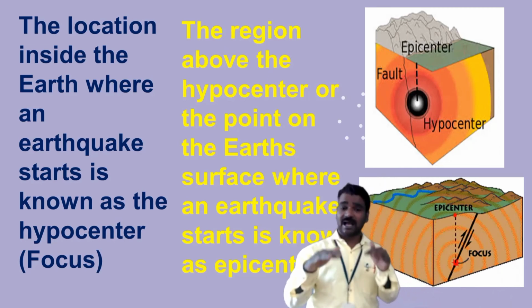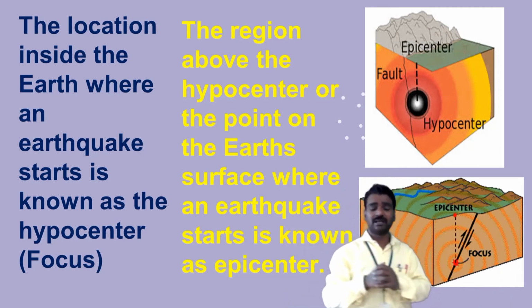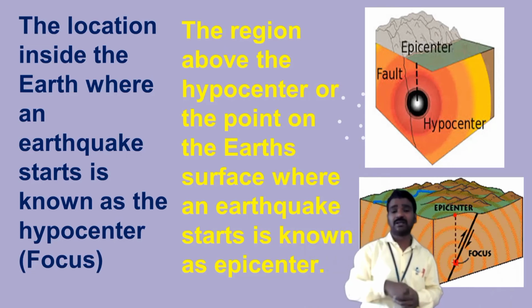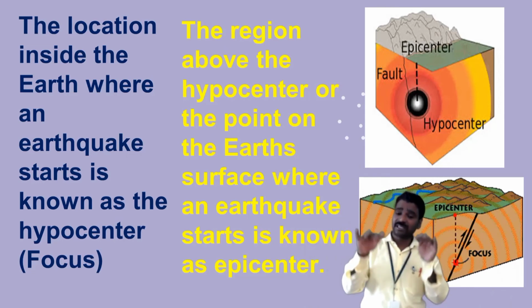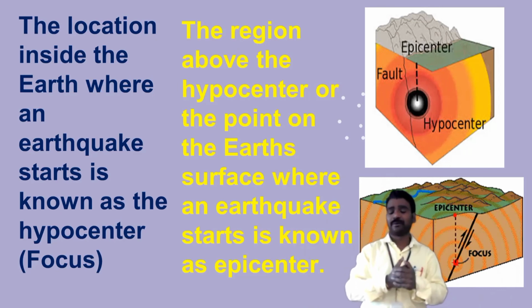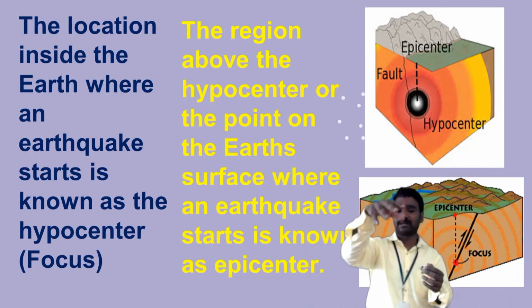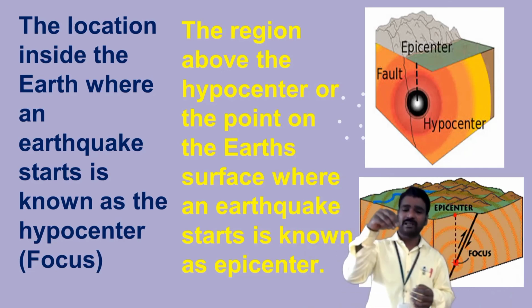And the region above the hypocenter, on the surface of the earth, is where the earthquake starts. There is a center point where the earthquake starts on the surface of the earth. It is not mandatory that the epicenter is exactly above the hypocenter.